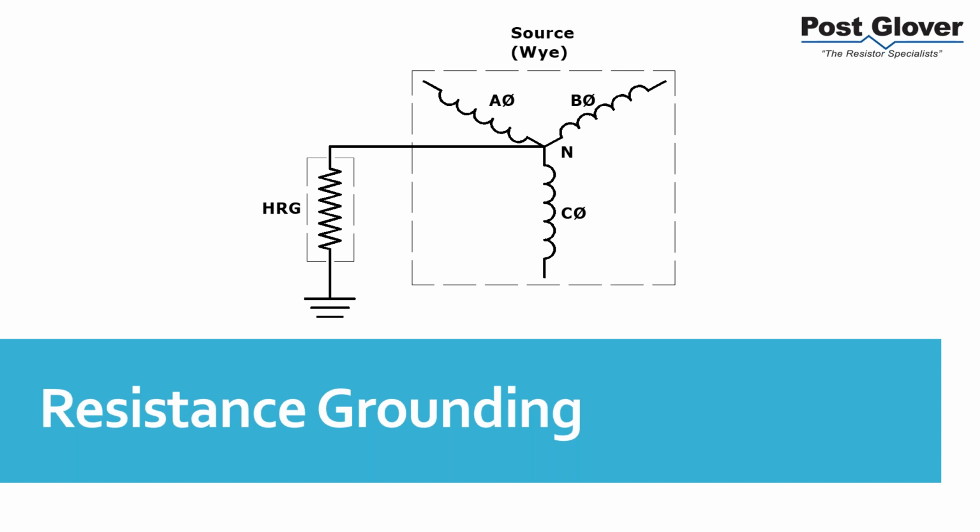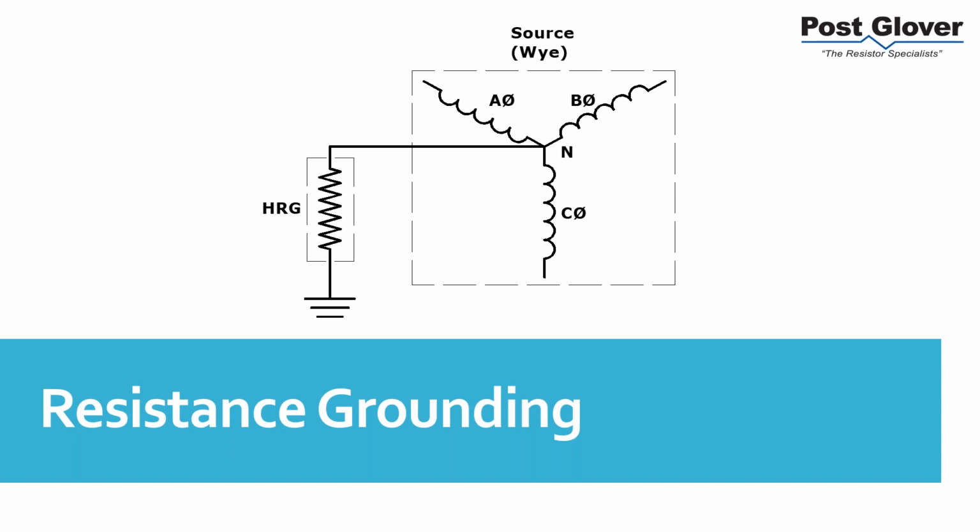So start off with resistance grounding. What is resistance grounding? Think of a solid ground, a direct connection between neutral and ground, and put a resistor in series between those two points. That's what it is. So it's very similar to a solid ground system. You just insert that resistance in series, and you get a resistance ground.